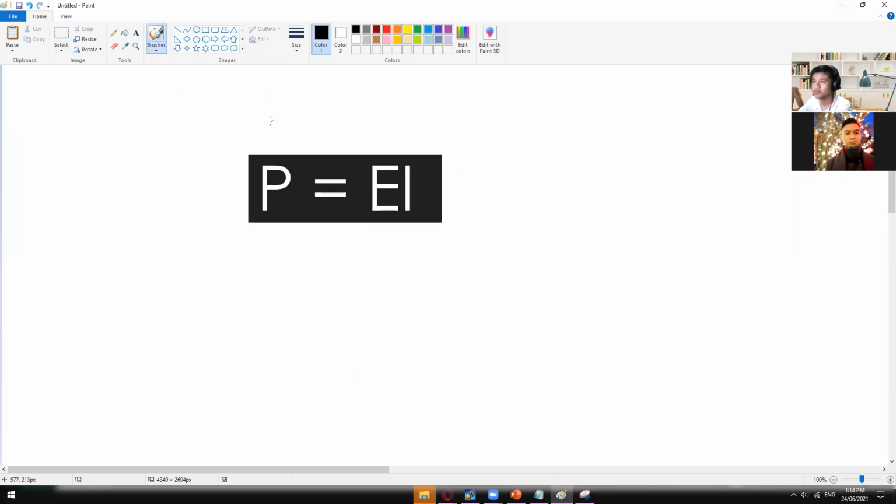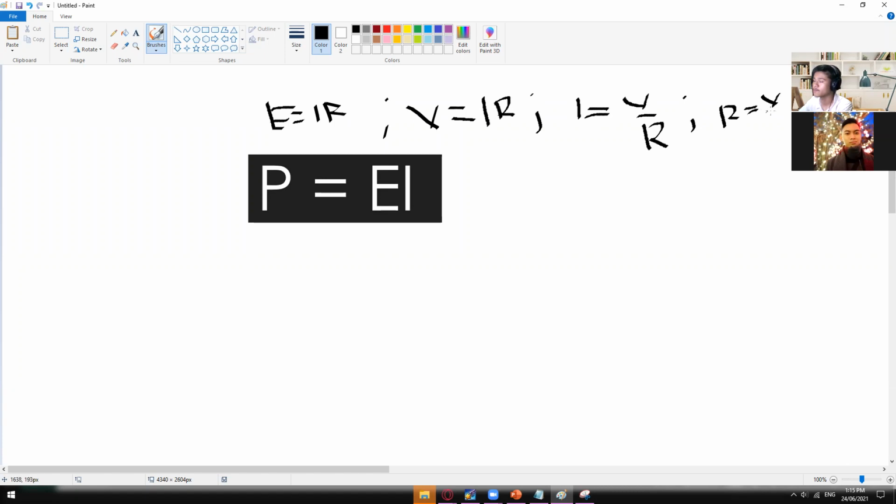As we all know, E, which is the same as V, is equal to I times R. This one came from I is equal to V divided by R. You can also get the value of R, wherein R is equal to V divided by I. With that being said, you can replace this letter E by I times R. So you will arrive at this formula: IR times I. If you simplify this a little bit more, this will become I squared times R.